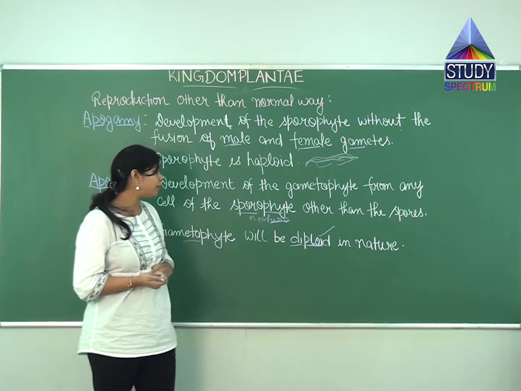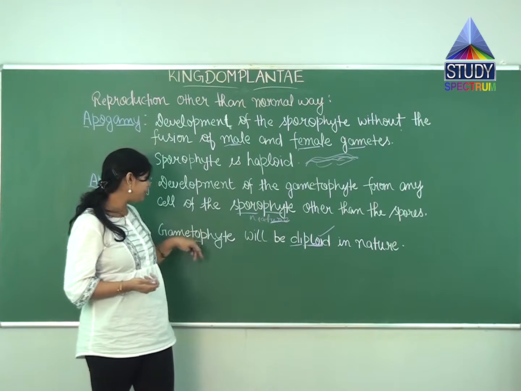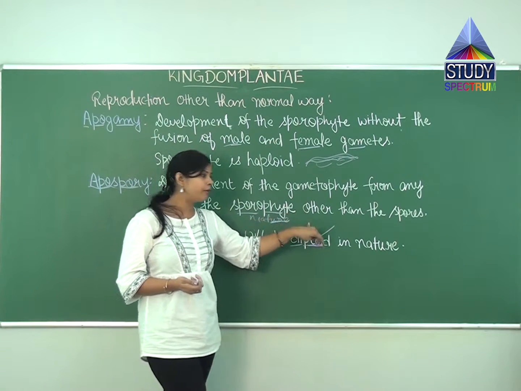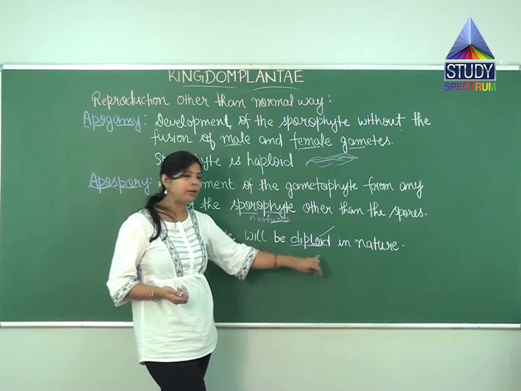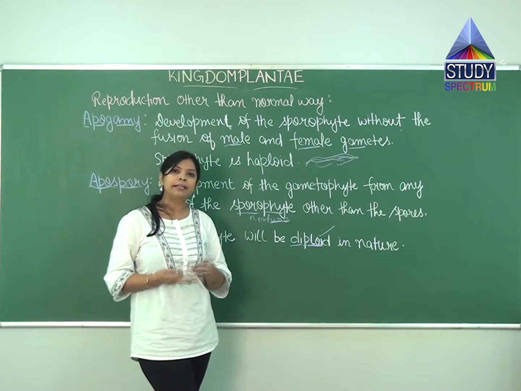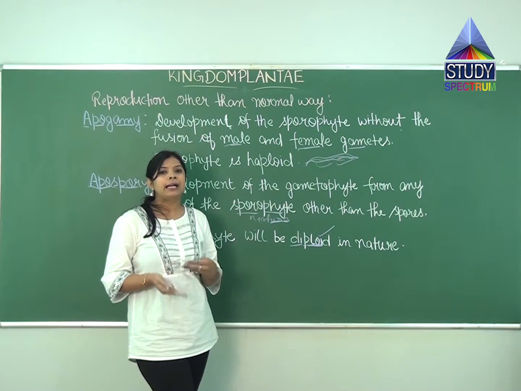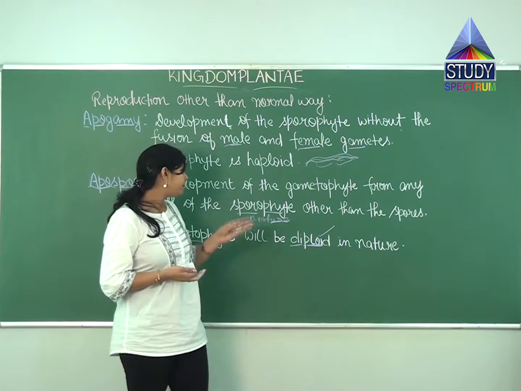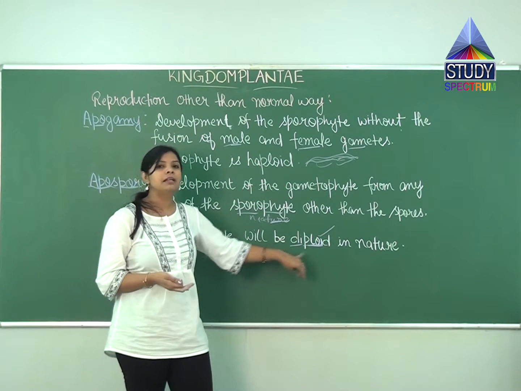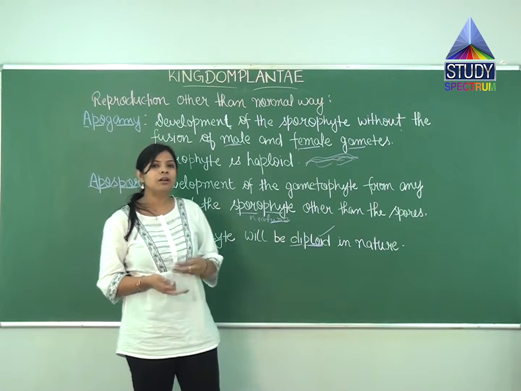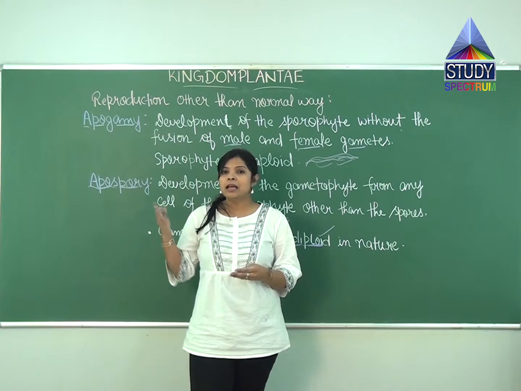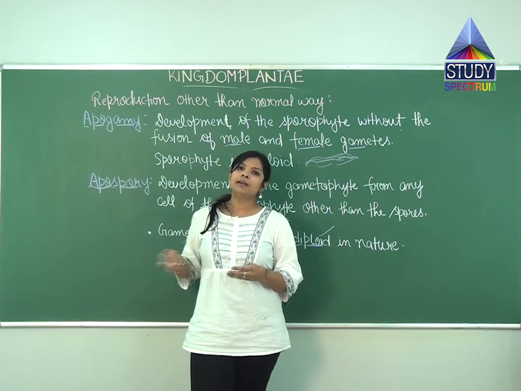And in apospory, the gametophyte, that prothallus, will form directly from some other cell of the sporophyte, so the gametophyte will be diploid in nature. In the life cycle we recalled, the gametophyte was haploid and the sporophyte was diploid. But here it is opposite: the sporophyte is haploid and the gametophyte is diploid. So this is all about how pteridophytes reproduce by other methods.